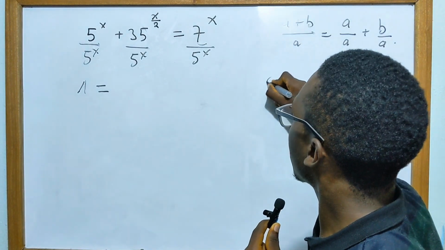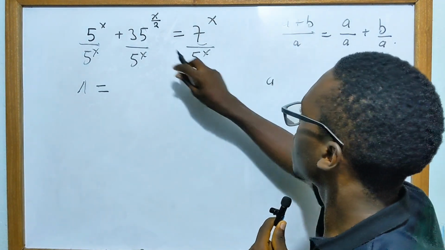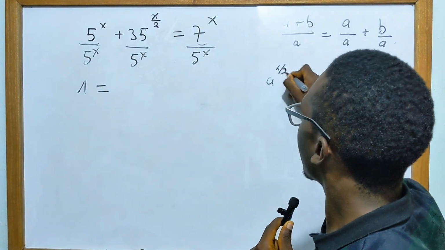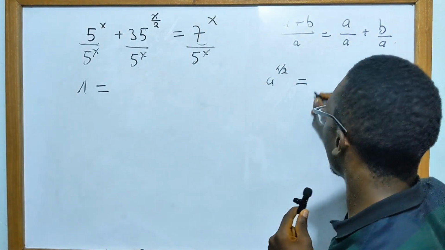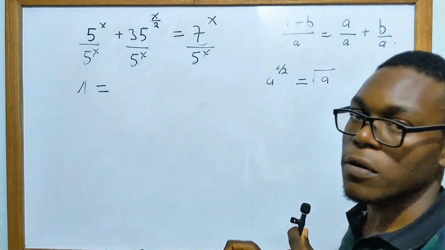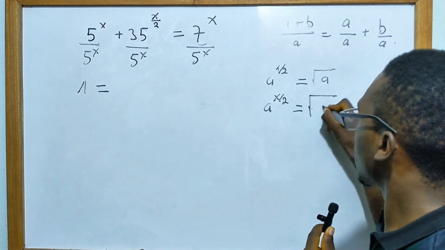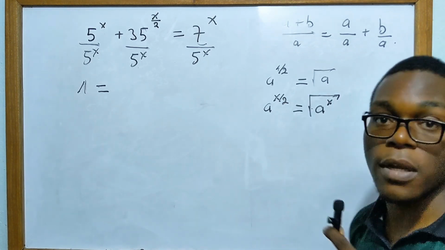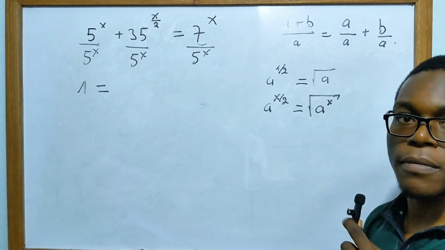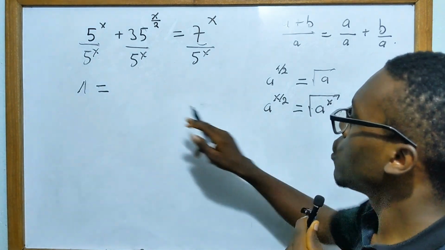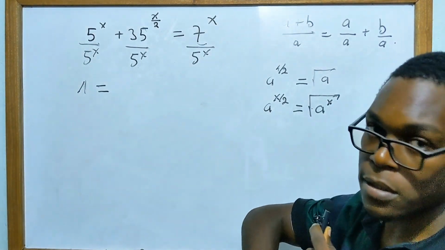If you have a to the power half, it is the same thing as the square root of a. Therefore, if you have a to the power x on 2, that will be the same thing as the square root of a to the power x. That's typically how it looks like. This is what we have here. At the level of the denominator, we have 5 to the power x.